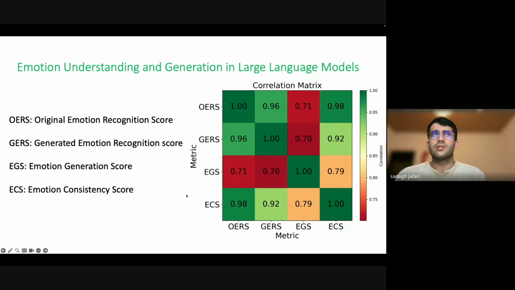We found that the correlation between EGS, the emotion generation score, and the rest is around 70%. So it means that's the reliability of the assumption that if we have a good emotion predictor, it should be a good emotion generator.